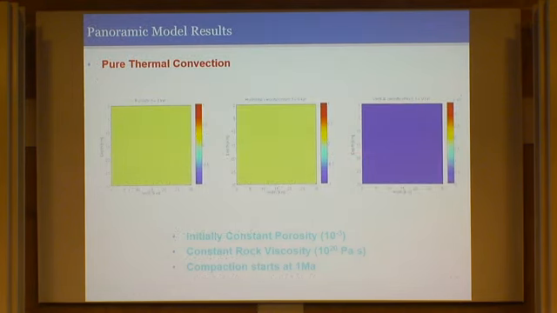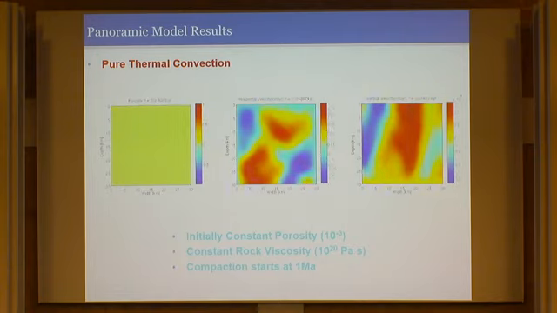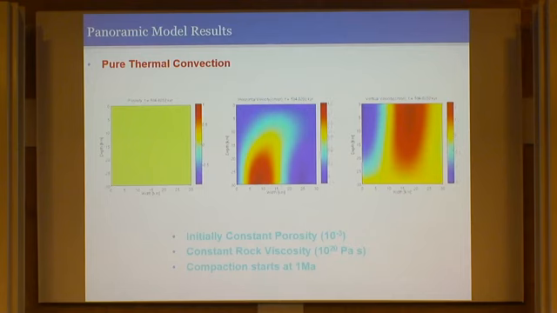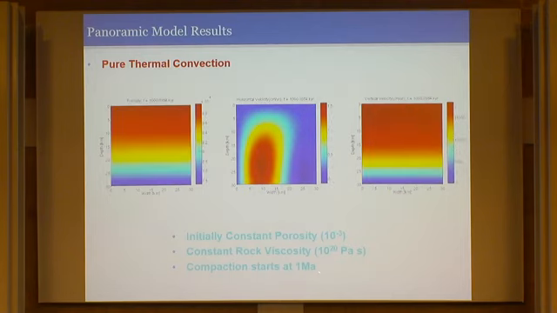The first one is purely thermal convection, and in this case, the porosity is uniformly set to be 10 to the minus 3, and rock viscosity is 10 to the 20 for a metamorphic system. And we let the convection start first and then switch on compaction at about 1 million years.